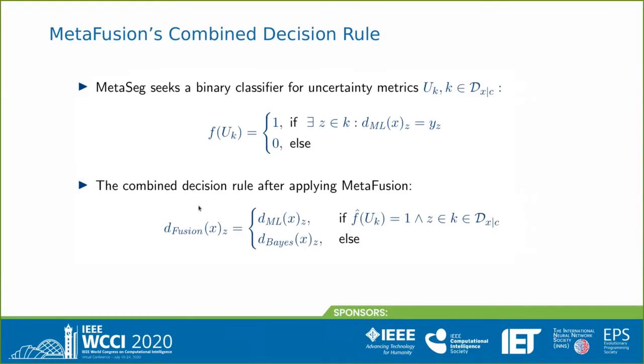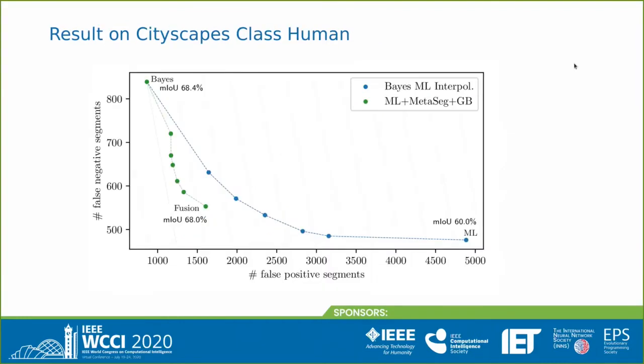In the end, we obtain a fused decision rule, in which we believe the maximum likelihood decision rule if our trained classifier F says it is a true positive, and we stick to base otherwise. And the interesting result is that we get an improved trade-off between the error rates.